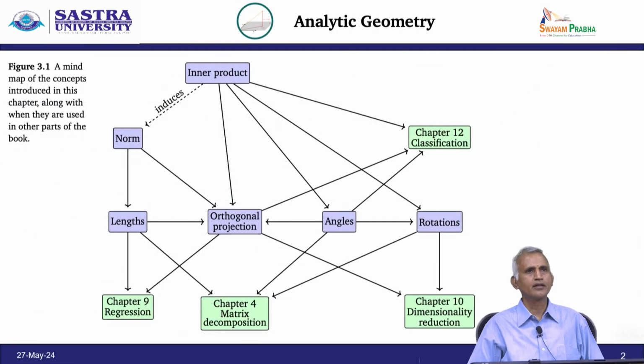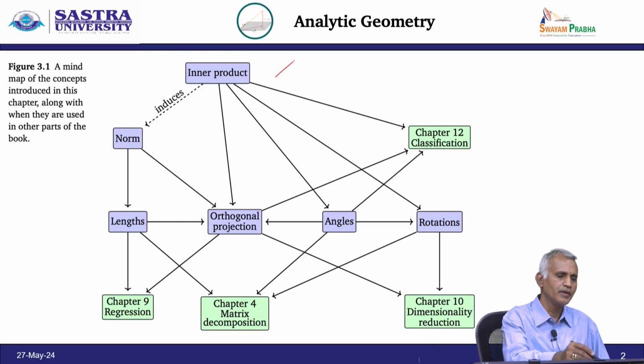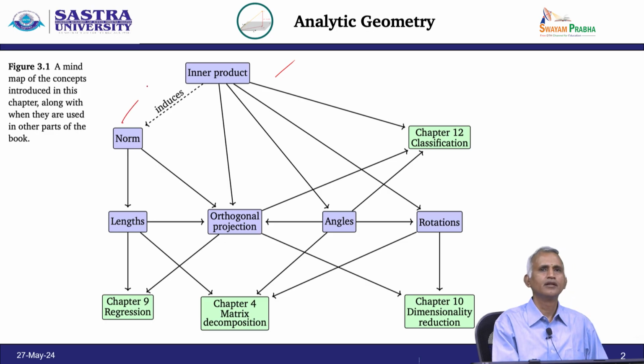Now, the flow chart discusses this. Start with the inner product space. If you want to understand the inner product space, we have to know the meaning of norm, and then based on the inner product we have to do some classification in the chapters.